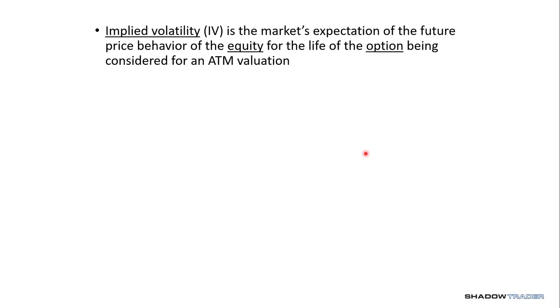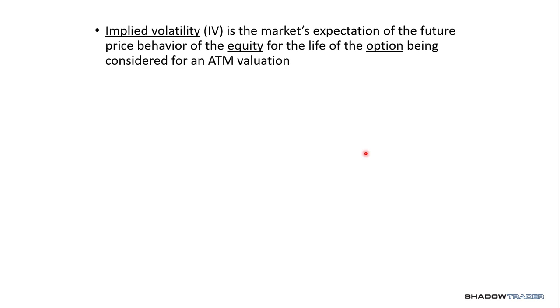All right. What is implied volatility? Remember the first word, implied, expected, where it will be in the future. Folks, this is your crystal ball for giving you some sort of insight as to how much the underlying equity could move between today and the expiration of that option.